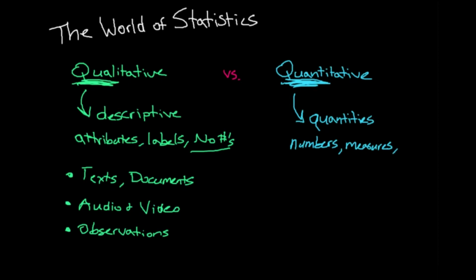We're measuring something, we're numbering, we're counting. So there's counting involved. There could also be ratings. If we're taking a survey, there could be ratings, which would give us quantitative data. So that's the definition of quantitative data, dealing with quantities, numbers, measures, counts, and ratings.